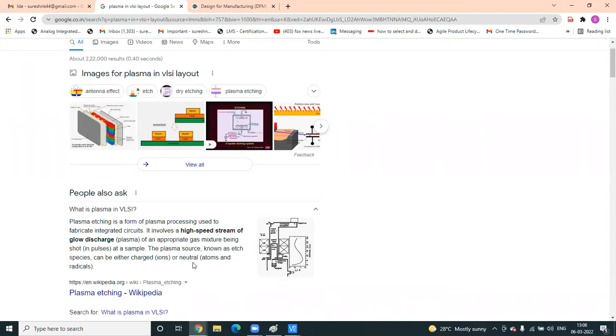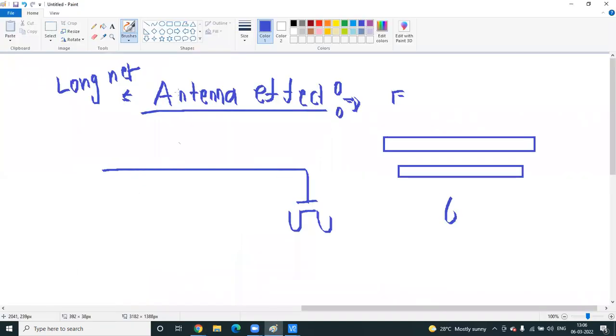It can be either charged or ionized, so lots of charges will be there. When they do plasma etching, these ions may be positive or negative. Because the net is a conductor, more and more charges will gather.